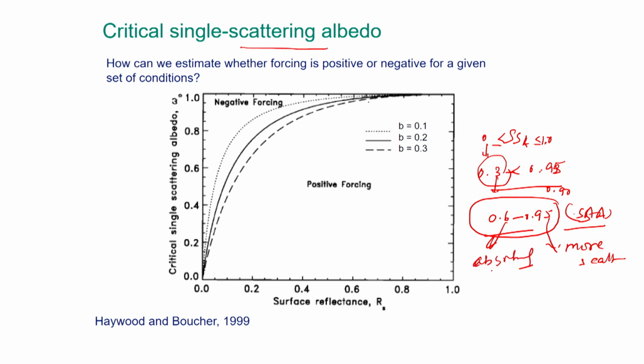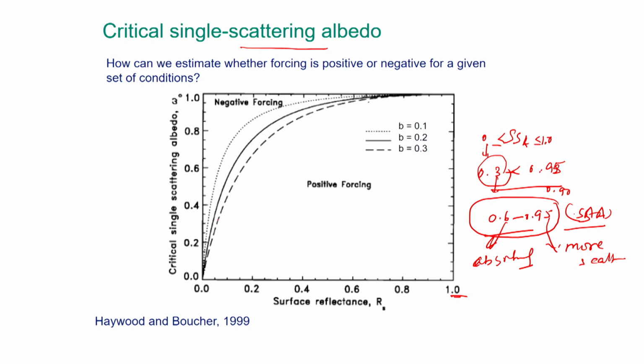So there is a question: at what values can the forcing become cooling, or negative? Here on the x-axis is the surface reflectance, and on the y-axis is the critical surface albedo.